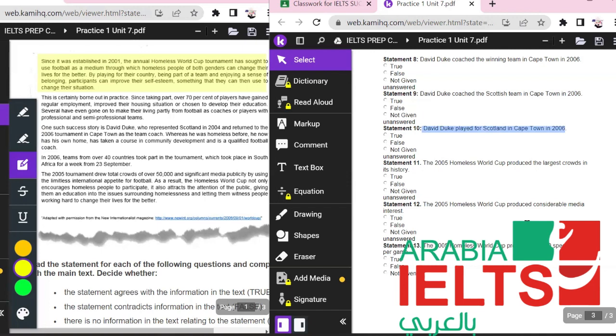The statement mentions he represented Scotland in 2004, but the question is only about 2006. Forget about 2004. So this is false, 100%, because he was a coach in 2006, not a player.